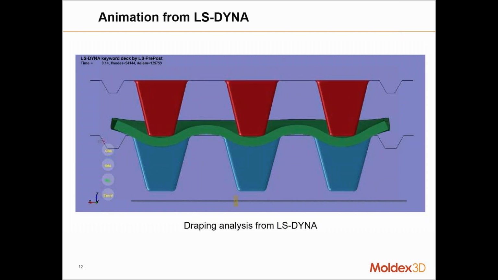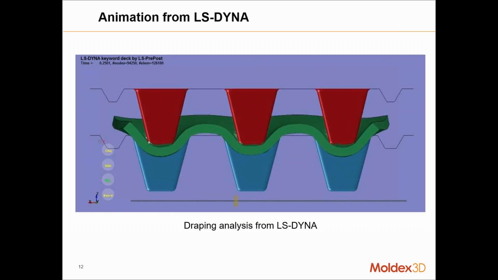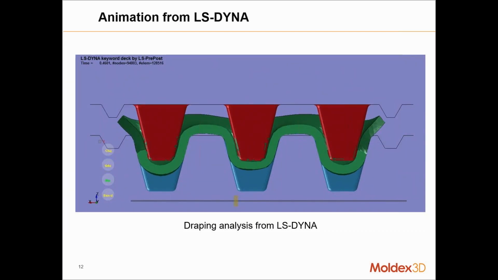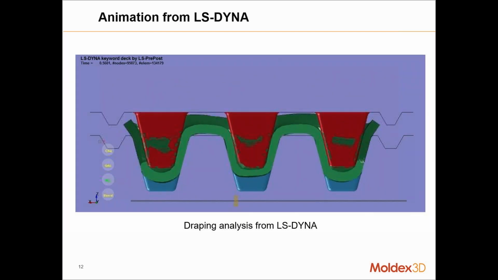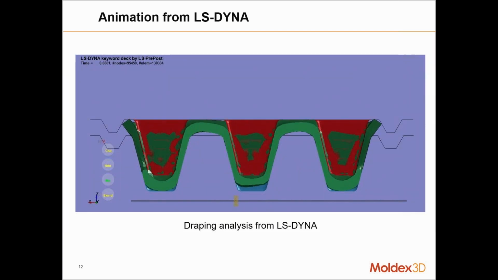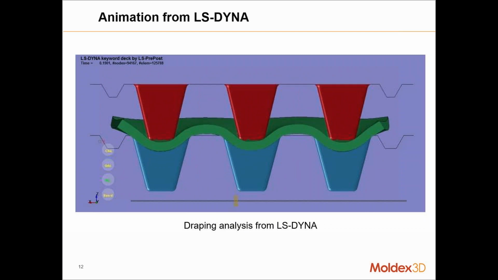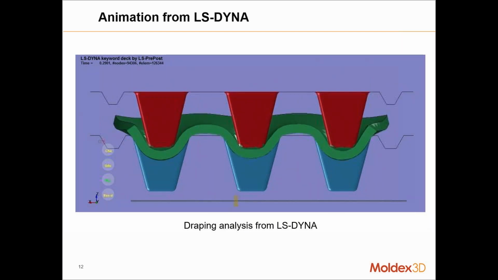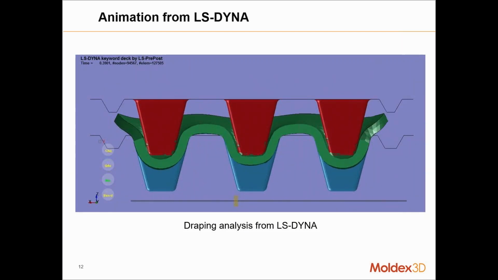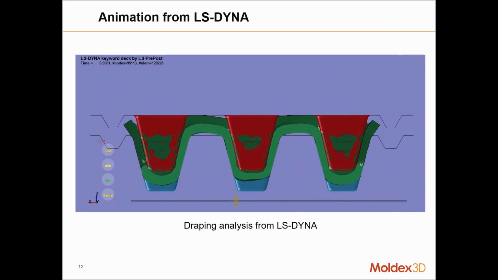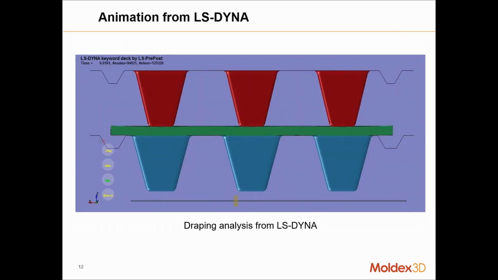So here's a quick animation of what is done in Dyna. We're compressing the charge. Once it gets to its final shape, before it starts to flow, the temperatures and the pre-shape, the drape form, are brought into Moldex.